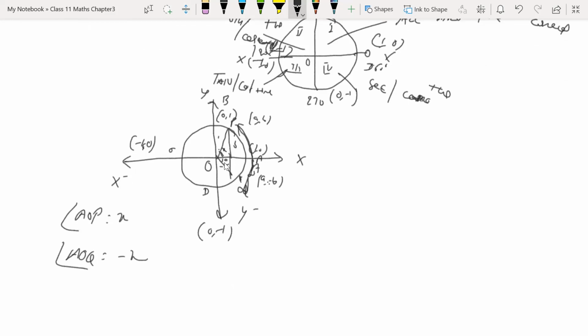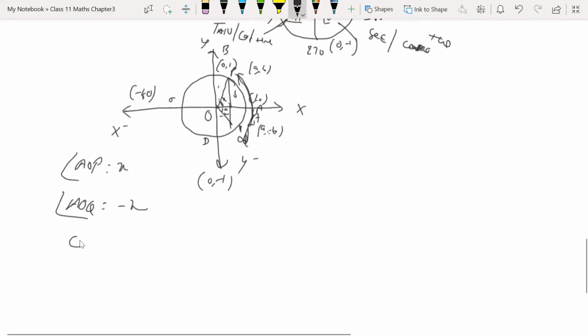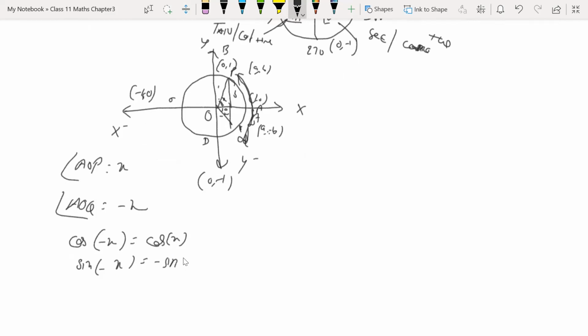If the angle is in the clockwise direction, then that becomes the negative angle. Otherwise, an angle in the anti-clockwise direction is the positive angle. Therefore, cos minus X is equal to cos X. Sin minus X is equal to minus sin X.